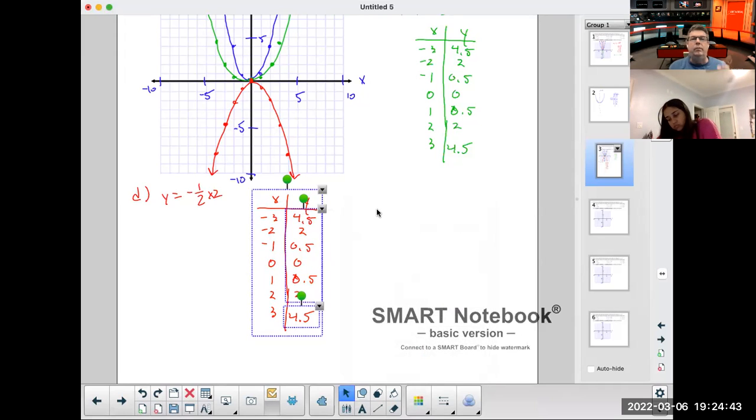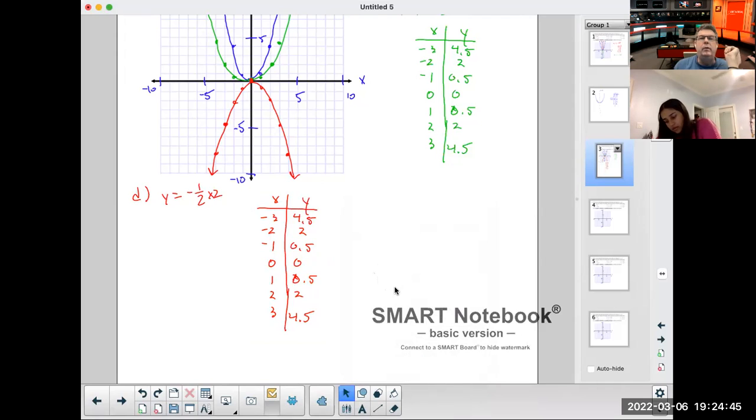What would be different? Look at the ordered pairs. Let's just do an easy one. When x equals -2, -2 squared is +4, right? You with me on that? Mhm. And 1/2 of -4 is -2.